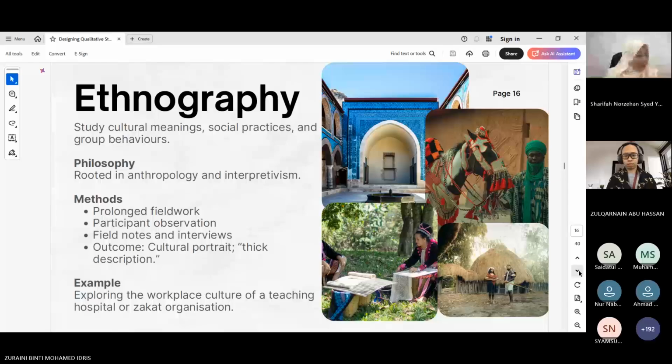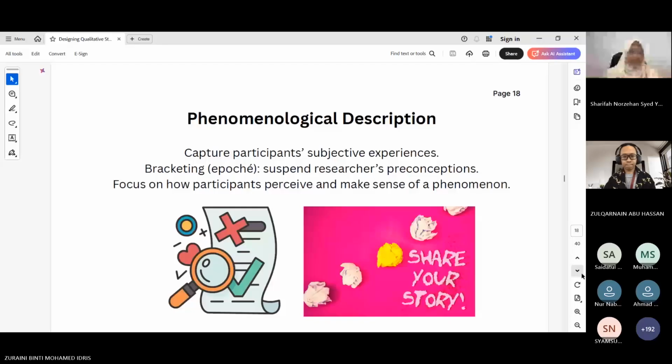All right. So let's go to your slide number 18. Okay. So it captures participants' subjective experience, okay? But remember, you have to suspend your researcher's preconception.